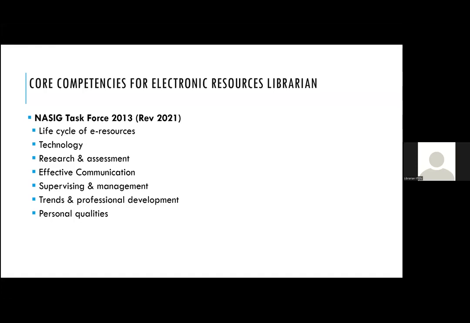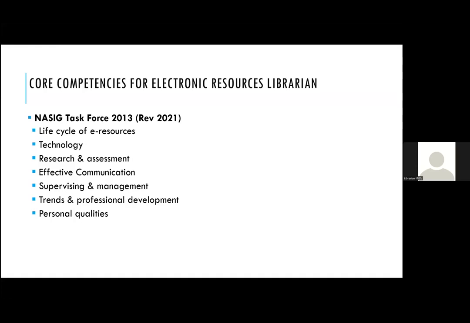That is, how do you communicate to the end user, communicate with the publisher, communicate with your faculty, communicate with your administration within the institute to convince them; and supervising and management, trends and professional development. And they're also listing certain personal qualities that are required for managing the electronic resources. So I think this is something that is useful to look at.